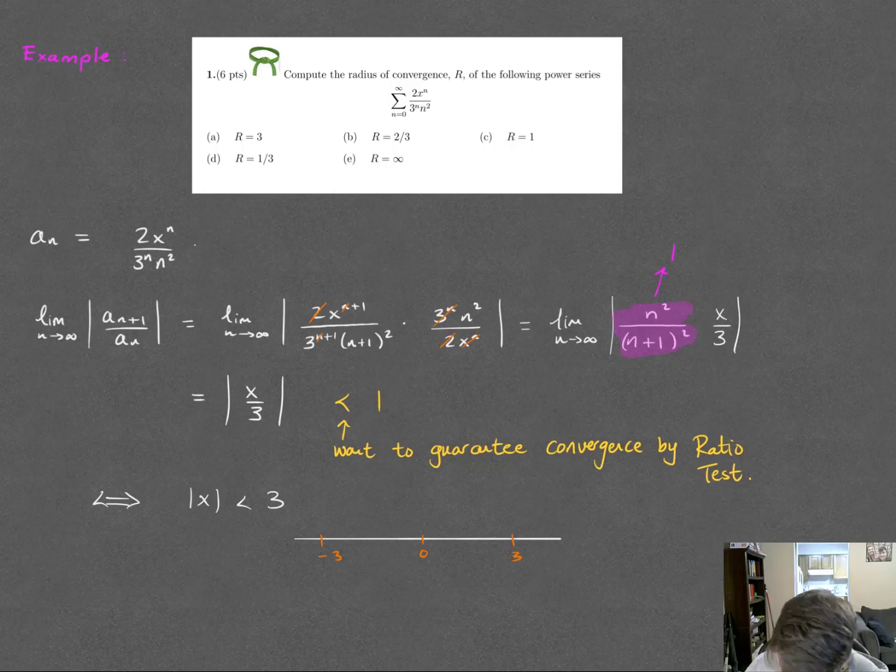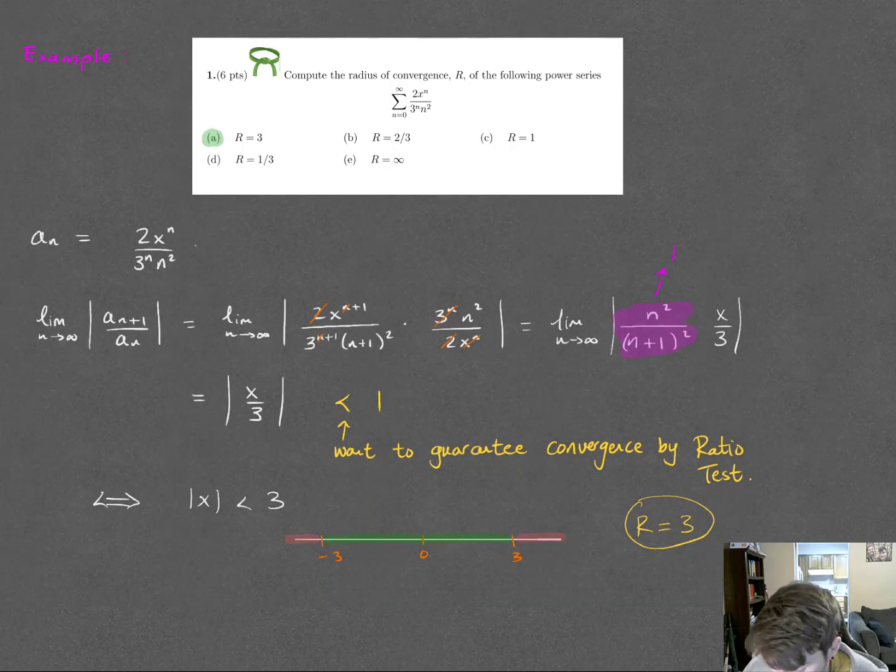Now I haven't checked the endpoints, but I know that inside this open interval at least, we have convergence. Okay, and outside we have divergence, because remember the ratio test will give you divergence if the value is greater than 1. So we still have R equals 3, and we still have to check the 2 endpoints if we want to find the interval of convergence, but the question only asks us for the radius of convergence.